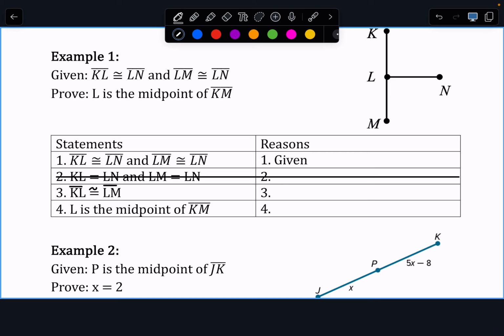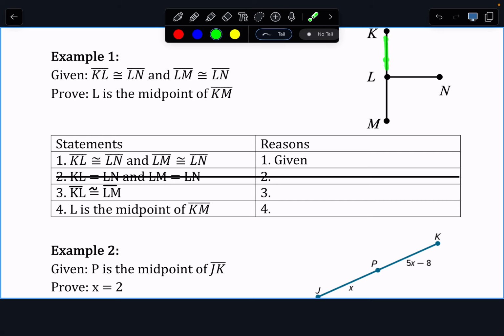Okay, and that's how we're going to do example 1. Okay, so as you're making those adjustments, just like yesterday, we always have to start with the given. Now, let's read through the given.